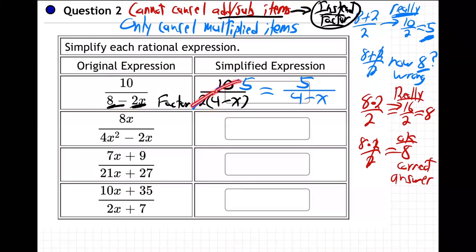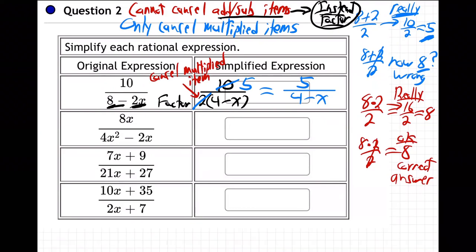Now I can cancel that 2 because now he's a multiplied item, not an added, subtracted item, right? I can factor and then I can cancel because he's multiplied. Cancel, cancel, multiplied item, right? All right, so now that you got that, let's try that on the second one.